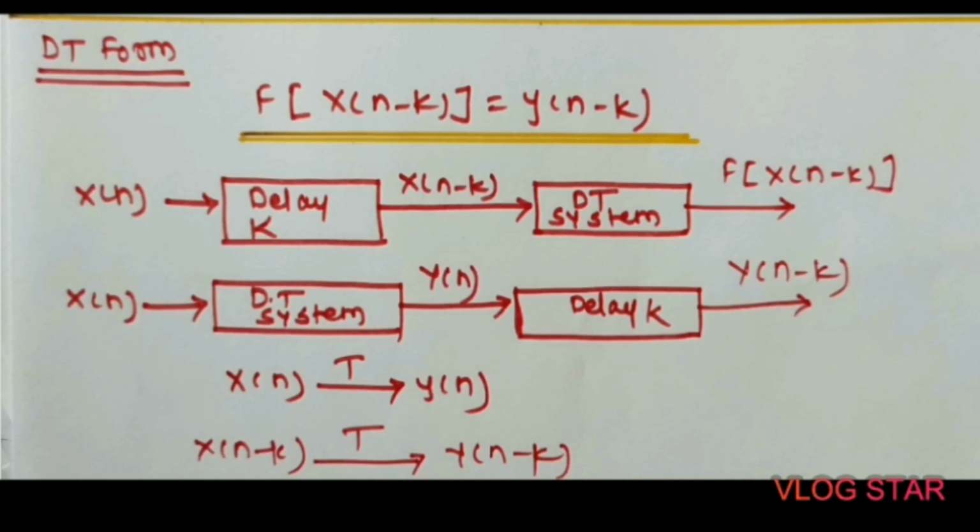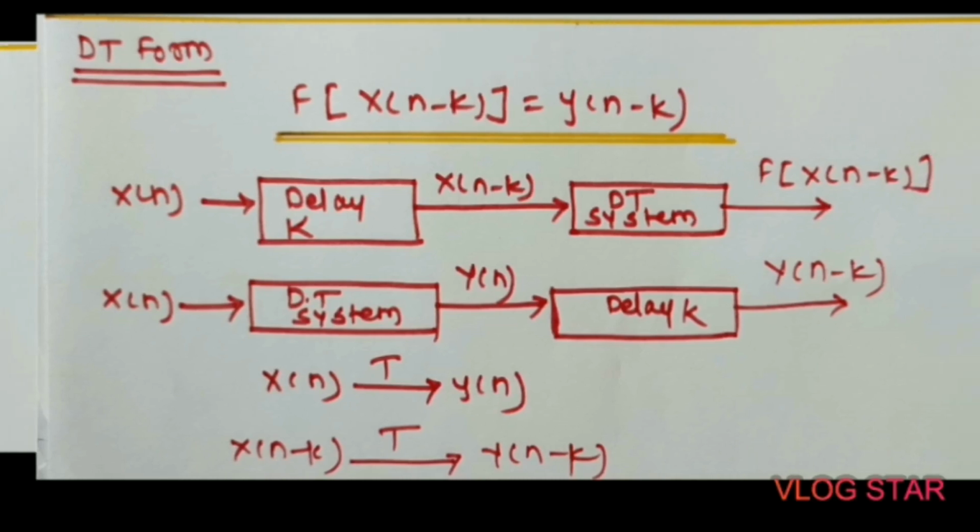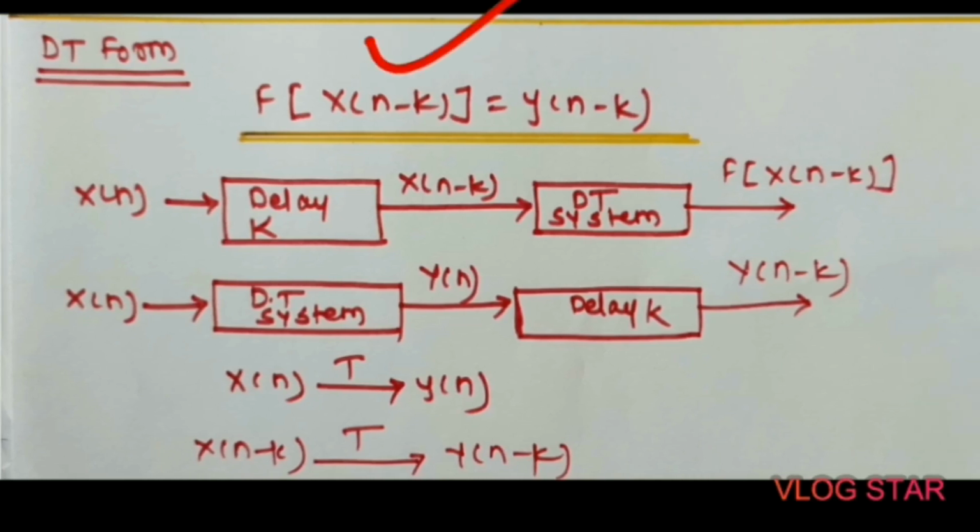Let us consider the relation between input and output of a discrete time system is y of n is equal to f of x of n. Now, if the input signal x of n is delayed by k, then the output signal y of n also will be delayed by k if the discrete time system is shift invariant.